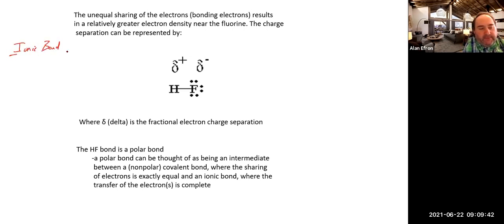And an ionic bond, as we've been talking about, is definitely between a metal and a non-metal. And always what's going to happen in this situation is the metal is going to give us our transfer of electrons, resulting in a cation, which is positively charged, and an anion, which is negatively charged.